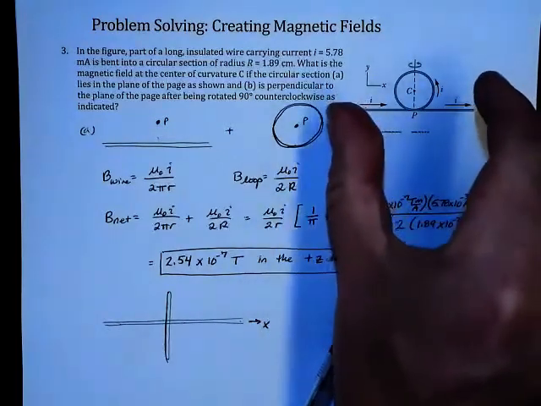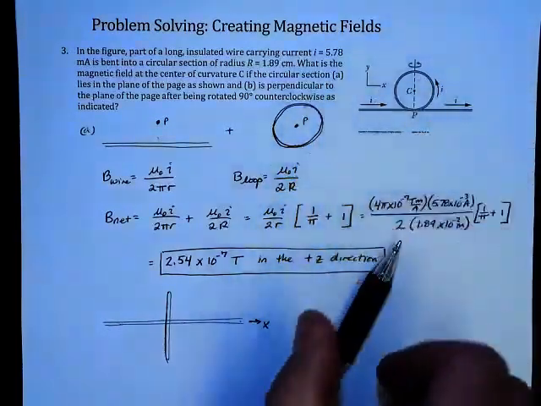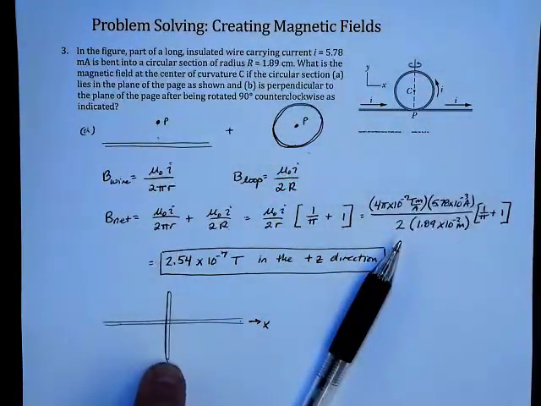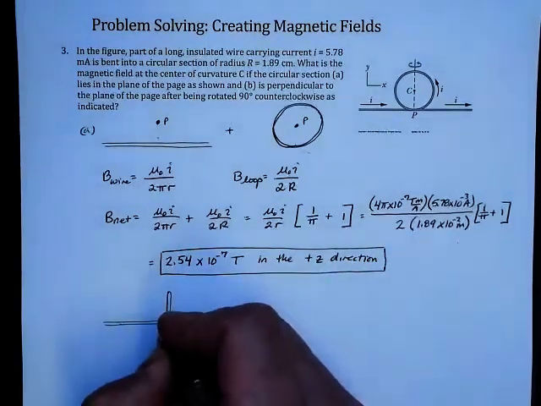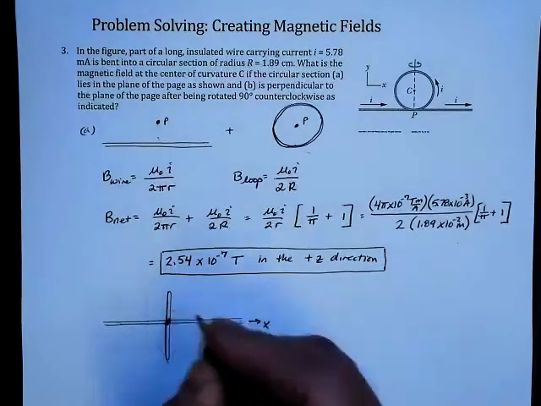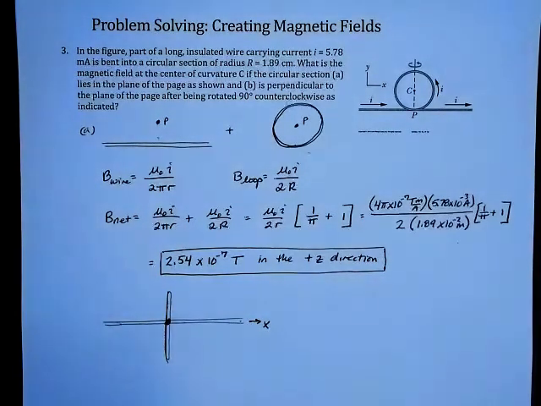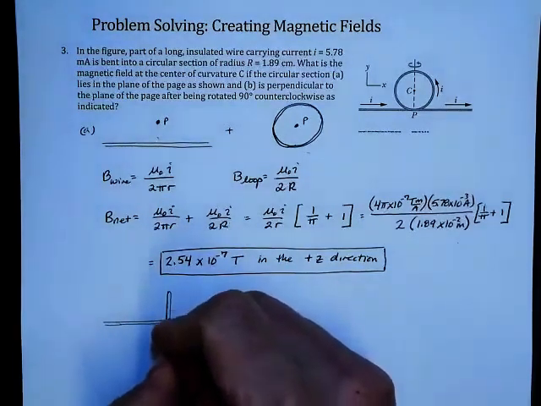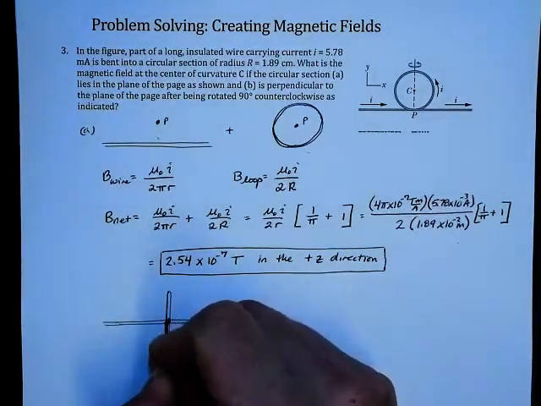But this loop has turned 90 degrees, so now I'm looking down on the top of the loop, and that means the magnetic field here at point P, which is in the center, the magnetic field from the straight wire is going to be down.